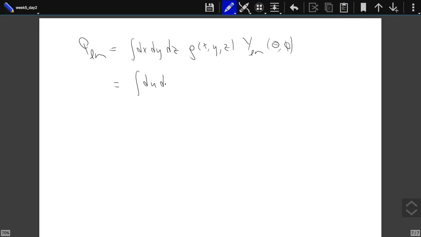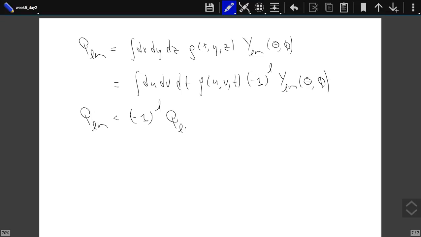This became du dv dt rho(u, v, t). We had the same function rho, by the way. And minus 1 to the L, Y_LM of theta and phi. Well, I can just rename u, v, and t to x, y, and z. So Q_LM is equal to minus 1 to the power L times Q_LM. So this tells me that Q_LM is equal to 0 if L is odd.